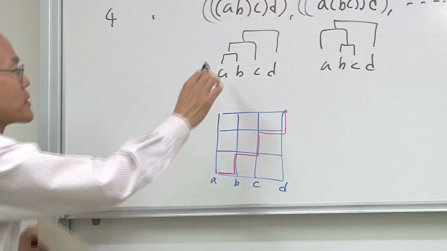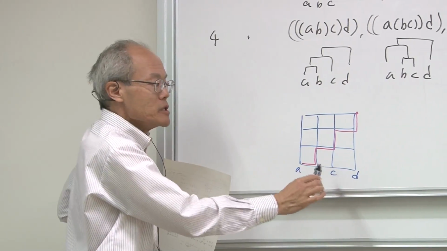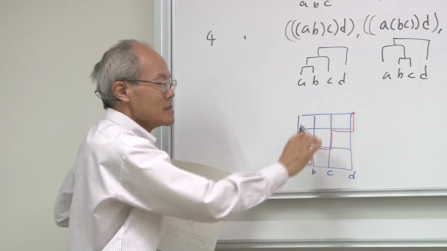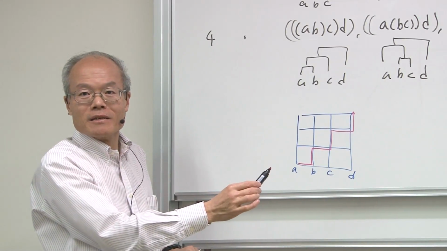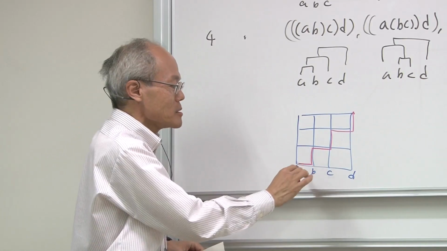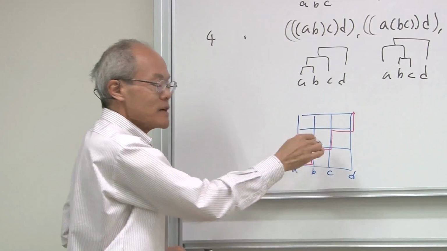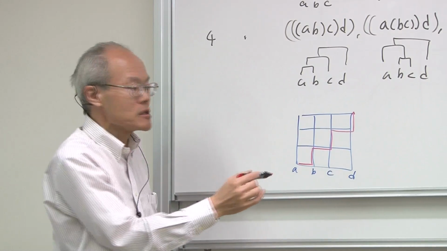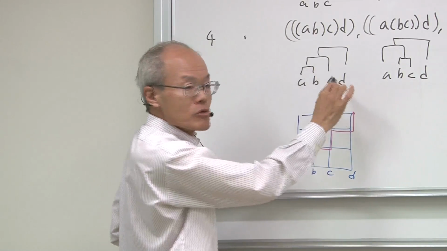So for this order, we use this representation by using a maze. So it's a mesh. You need to go from here to here. There are many different routes, but this is one route. And this route represents this order.